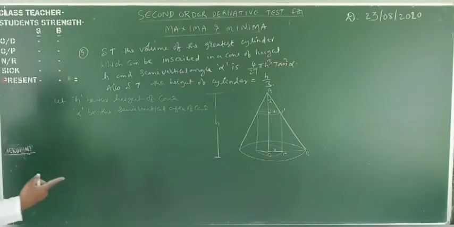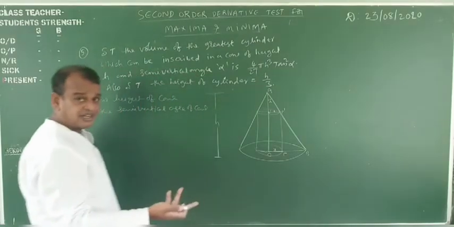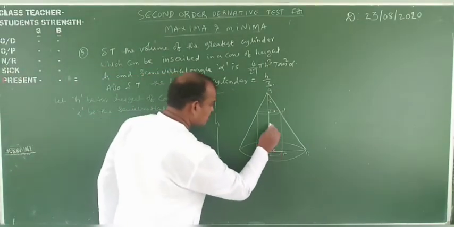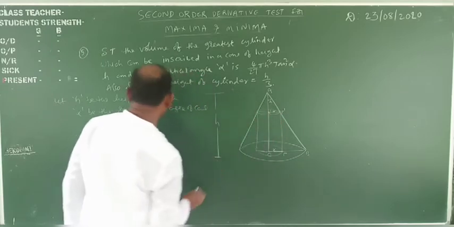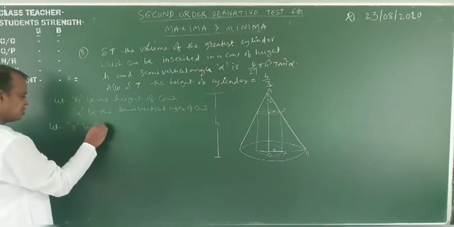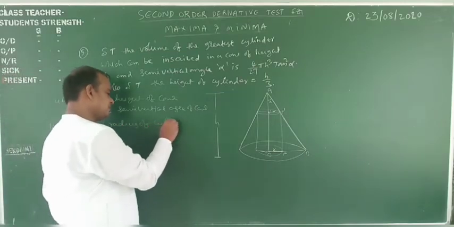What is x? You will take r, no problem at all. Let small r be the radius of the cylinder.